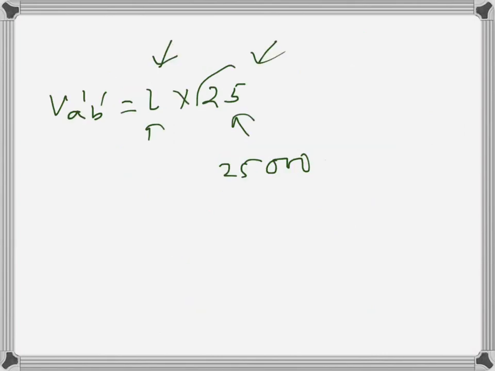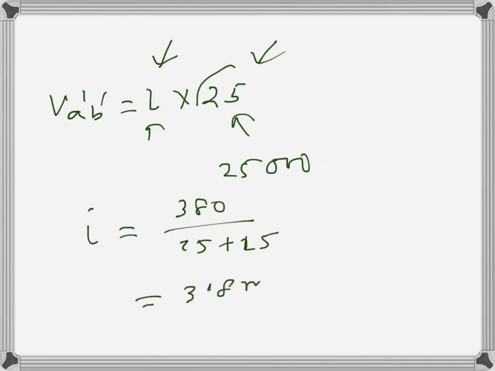Of course our I will be 380 divided by 75 plus 25, sorry, so that is 3.8 milliamps, or it should be 3.8 times 10 to the power minus 3 amps.